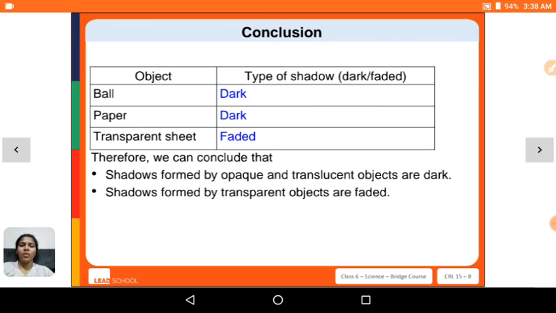And transparent objects do not form any shadow because they allow light to pass through them.